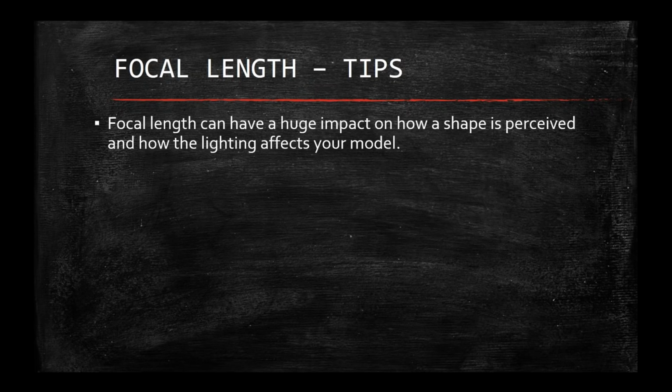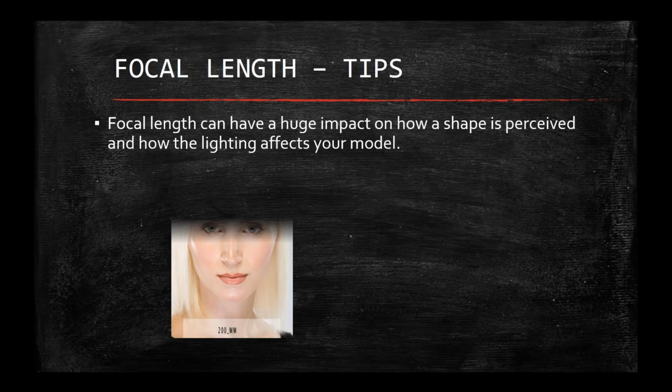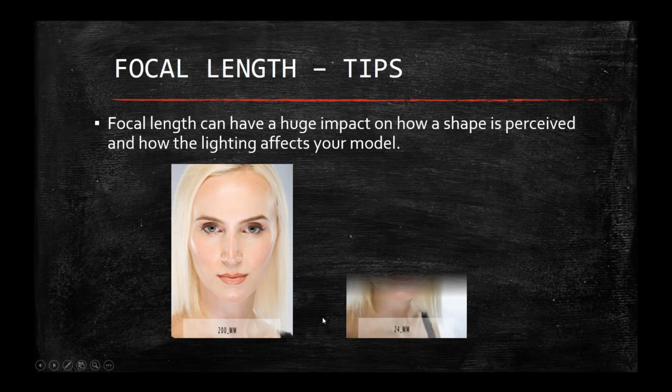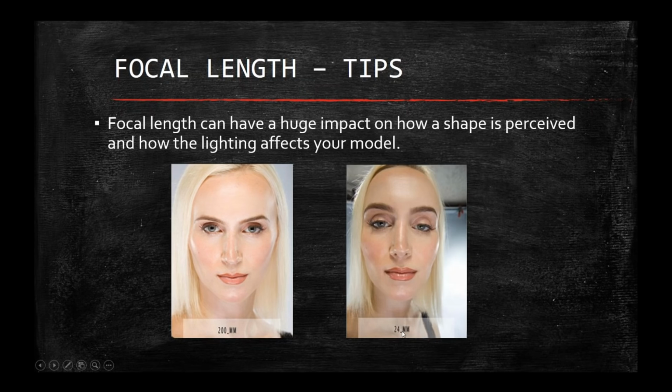And here I just found these two images on the internet that really show this off. This is a photo of a person taken with a 200 millimeter lens, and then the exact same model with a 24 millimeter lens. And you can see how completely different the face looks with these two different lenses.